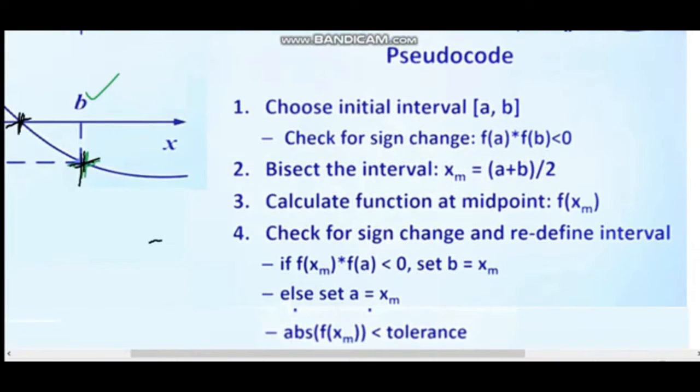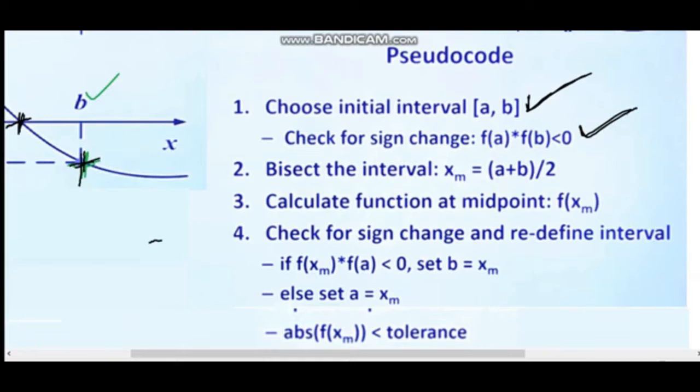First we have to consider these intervals a and b. Then you have to find f of a into f of b, and check whether f of a times f of b is less than 0. Then only can we have both positive and negative values of the function.